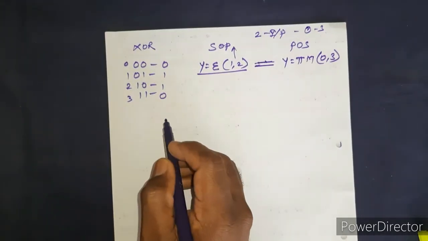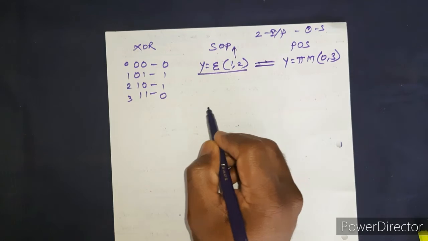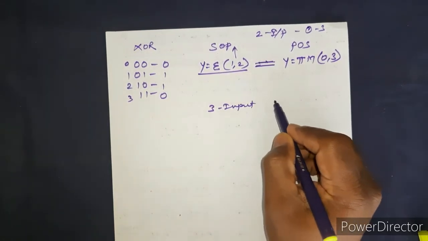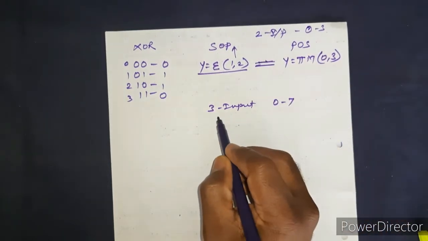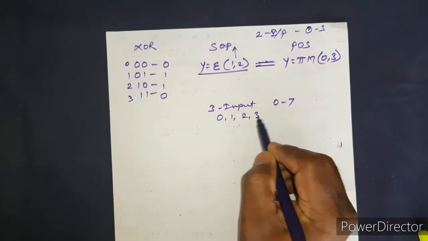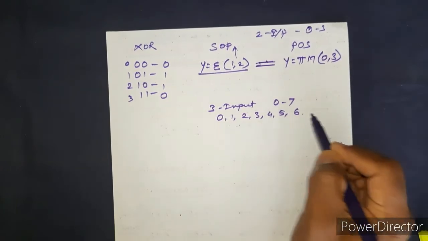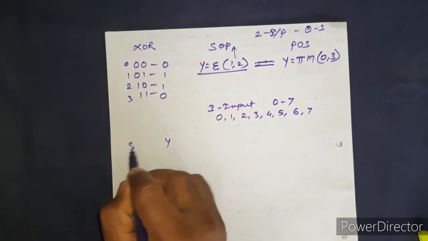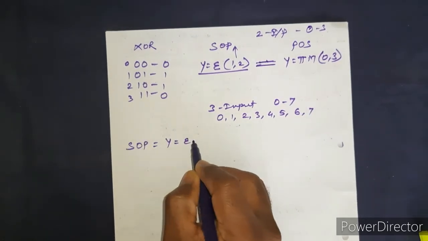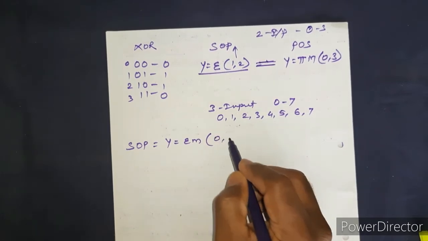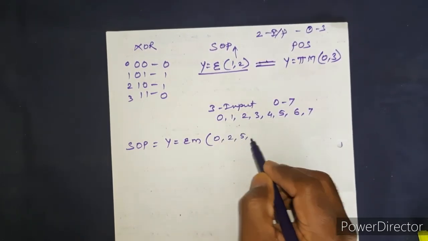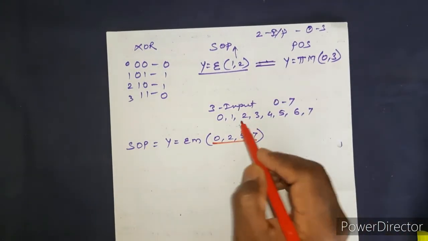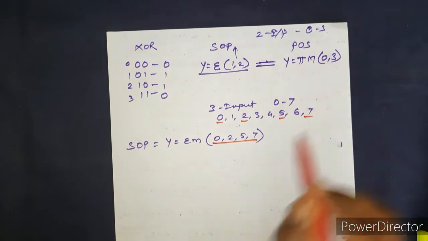If I have a 3 input variable function, then the numbers go from 0 to 7: 0, 1, 2, 3, 4, 5, 6, 7. Say my SOP expression is y equal to summation of small m, 0, 2, 5, 7.